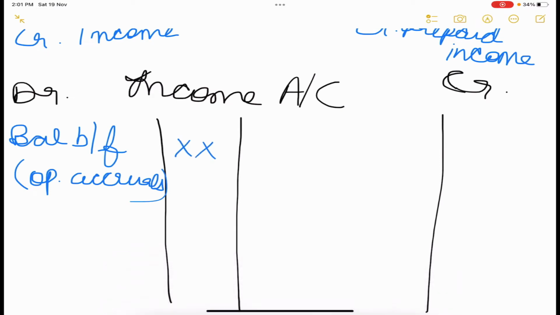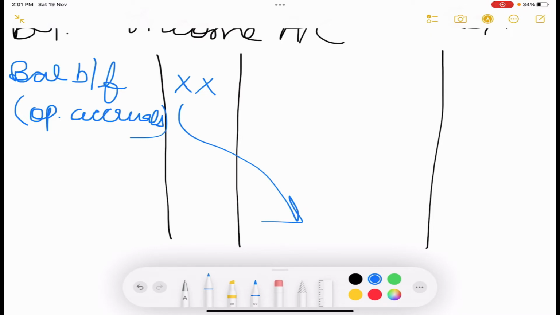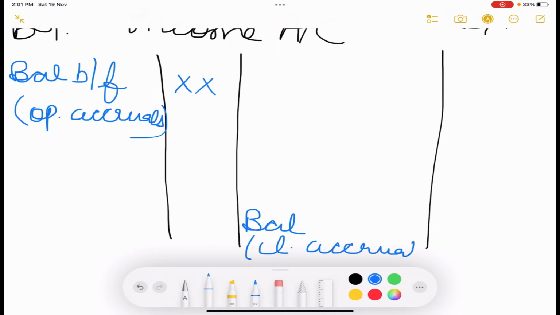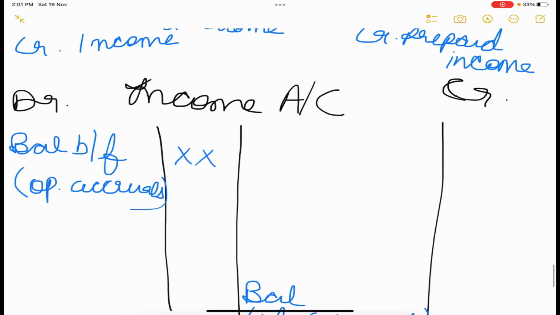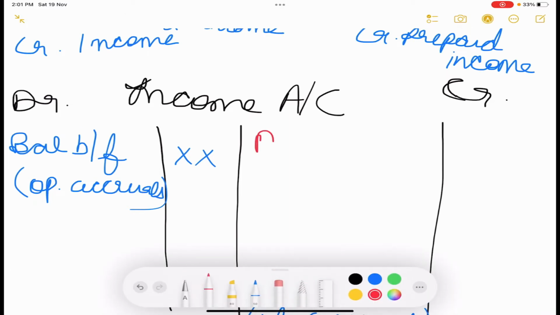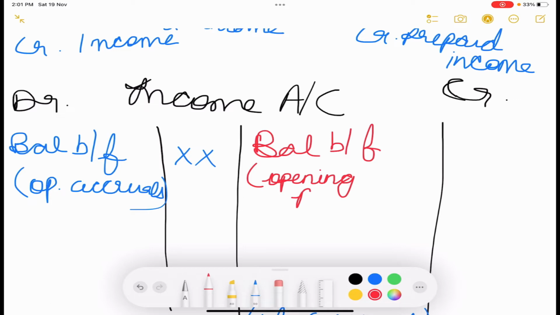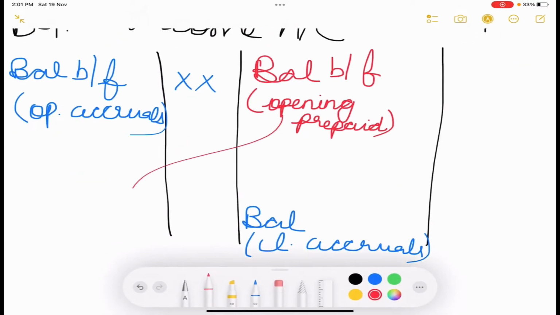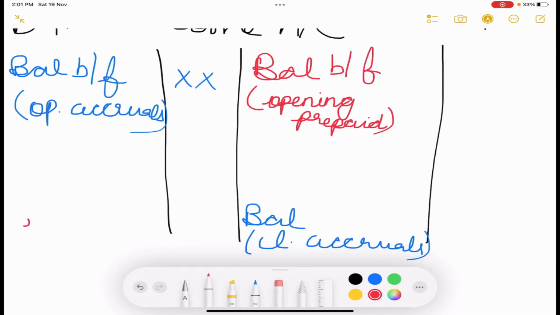But everything else, the concept remains same when I say that it should go here. So closing accruals would be over here. Now since accruals is on the left side, then prepaid will be on the right side, right? So we have opening prepaid. And we can have the closing one on the other side. This is how you're gonna make the account. Balance.